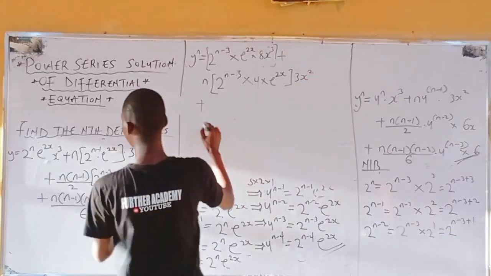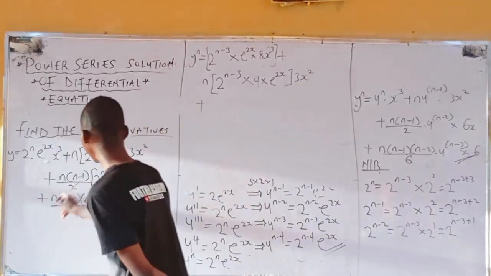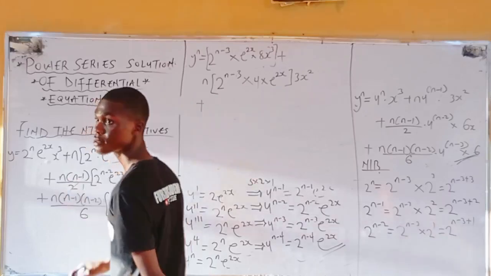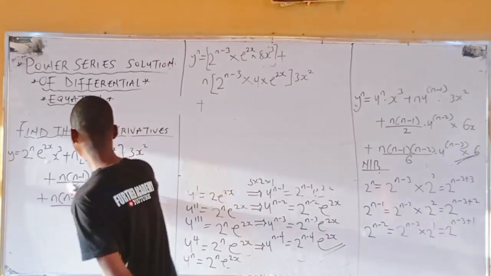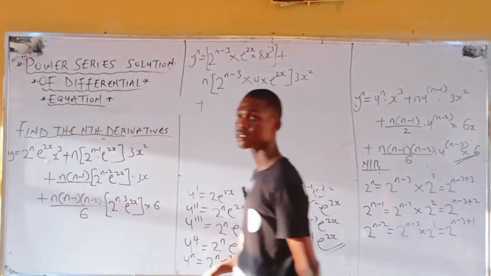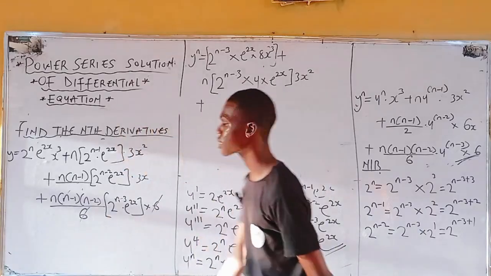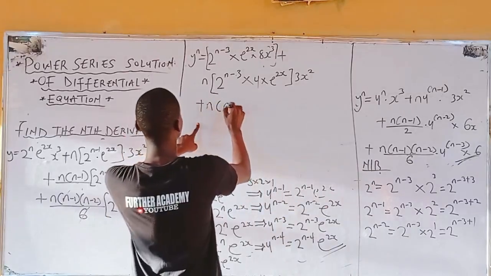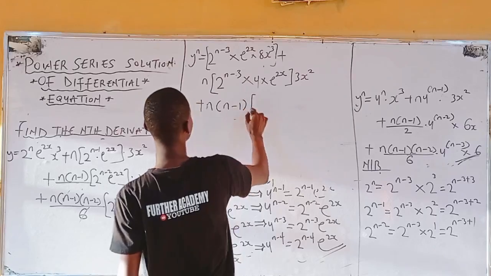Plus the next one is what? In this case, 2 cancel out. 2 go here 1, 2 go here 3, right? Yeah. So you are left with 3x. Any question on that? Similarly for this, 6 cancel out. So meaning I have plus n all into brackets n minus 1. Open a big bracket.